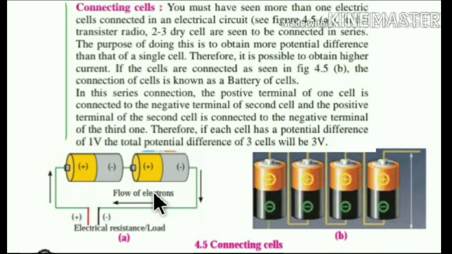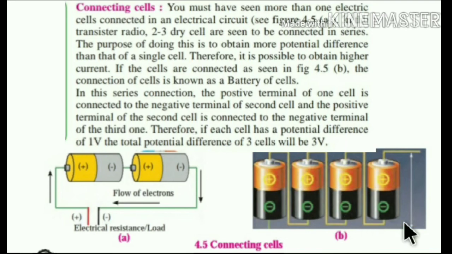If cells are connected as shown in figure number 4.5b, the connection of cells is known as a battery of cells. In this series connection, the positive terminal of one cell is connected to the negative terminal of the second cell, and the positive terminal of the second cell is connected to the negative terminal of the third one.